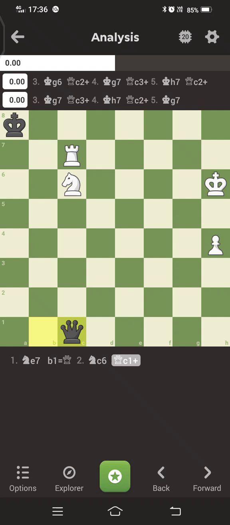After giving the check, black is forced to continuously give checks to the white pieces by moving the queen everywhere, because if black stops giving check, white gives this check at a7, forcing checkmate for black. So black has no choice but to continuously give checks.